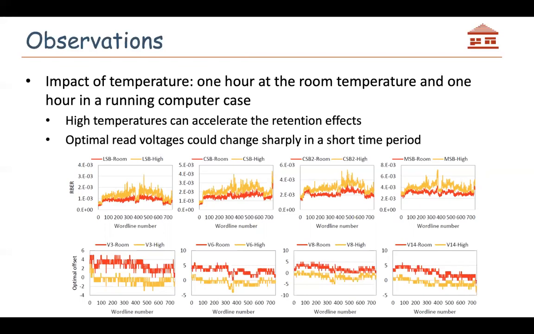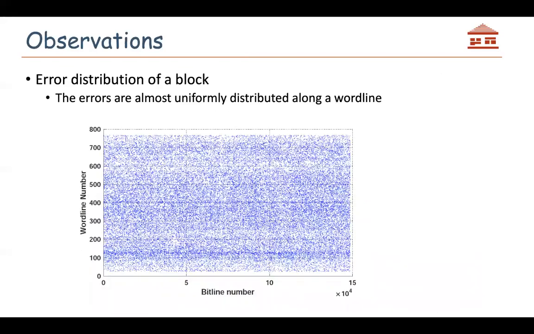The reason is that high temperatures in the running computer case can accelerate the retention effects of flash memory. The result indicates that the optimal read voltages may change in a short period of time if the working temperature is high, which raises further challenges to predict the optimal read voltages.